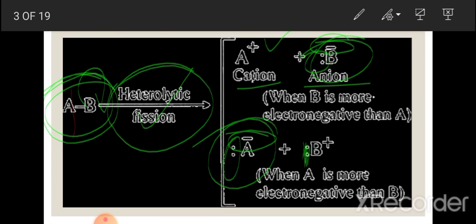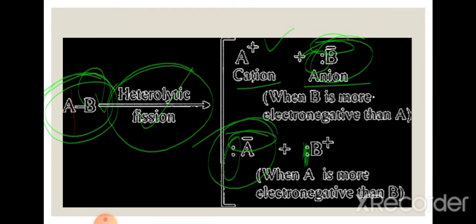Point number 2. Cations and anions are formed in heterolytic fission. In heterolytic fission only cations and anions are formed, whereas in homolytic fission, free radicals, or you can say neutral species, are formed.